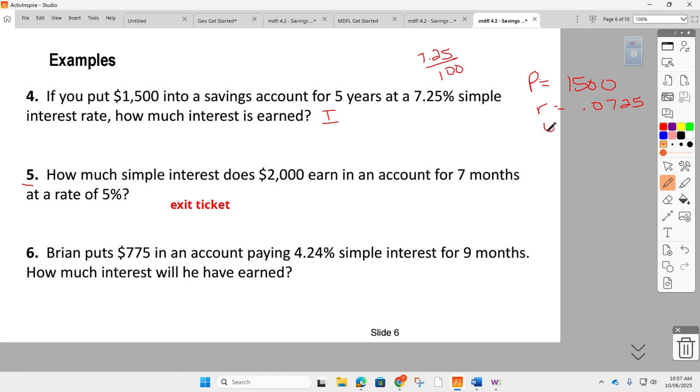And the time is 5 years. So we just plug into the formula. Same thing, use our calculator, and show our work. That's all the work you have to show.